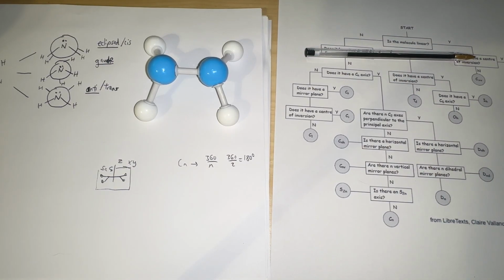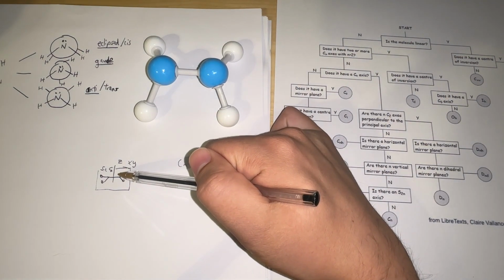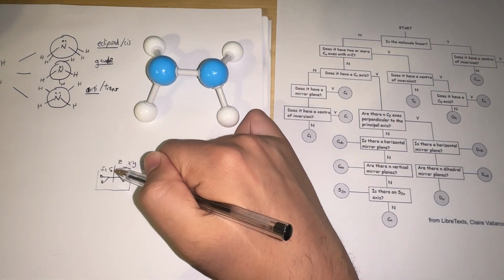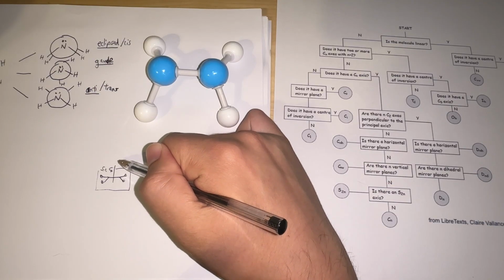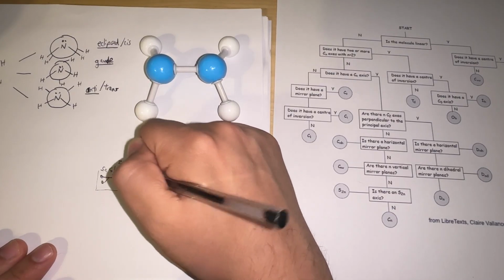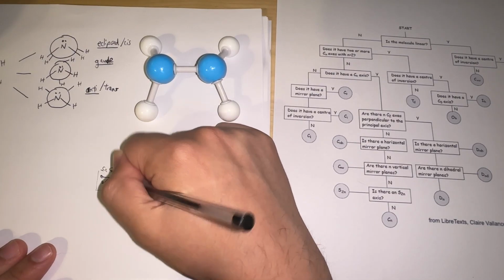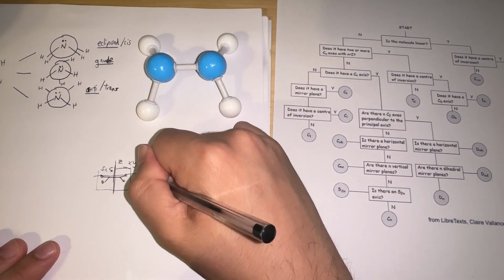Now, are there any vertical mirror planes? Vertical mirror planes are mirror planes that go through the principal axis, the z-axis. So if this is our reference right here, then we can say that we could have a vertical mirror plane going through the xz axis, which will be through here, and the yz axis, which will be through here.